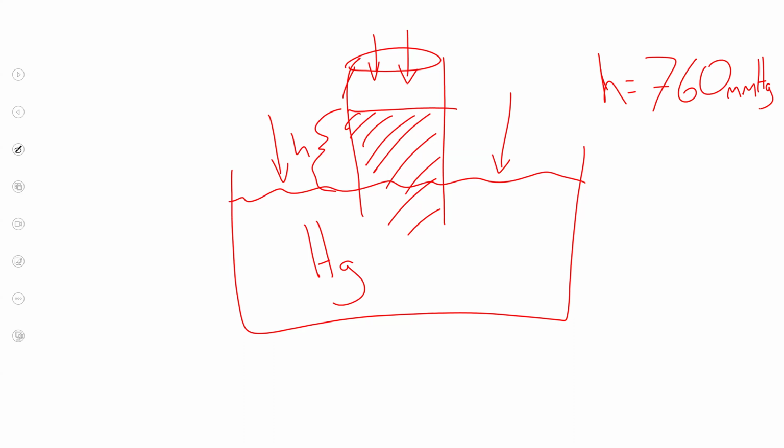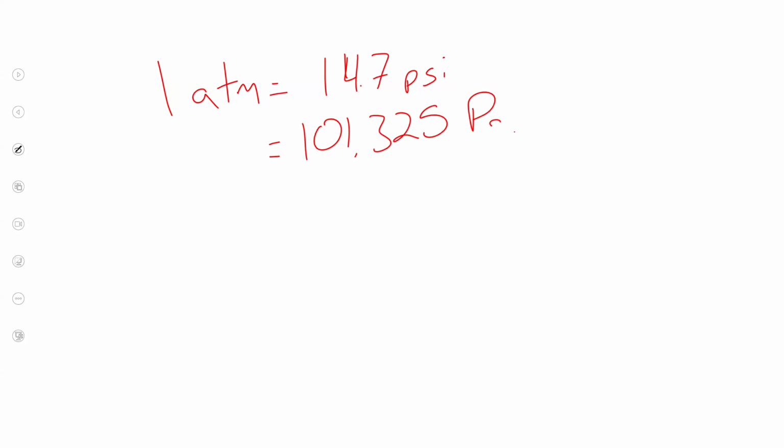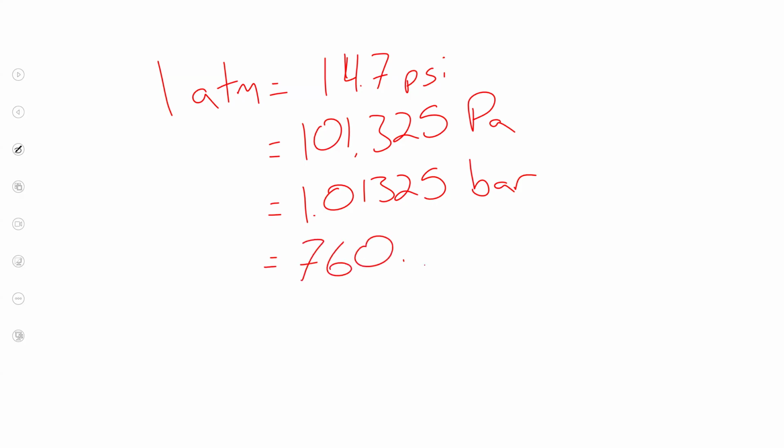All right, so what does that mean? Here's our conversions. I'm just going to recap what's on your conversion sheet. Exactly 1 atmosphere of pressure is equal to about 14.7 psi, 101,325 pascals, 1.01325 bar, 760 millimeters of mercury.